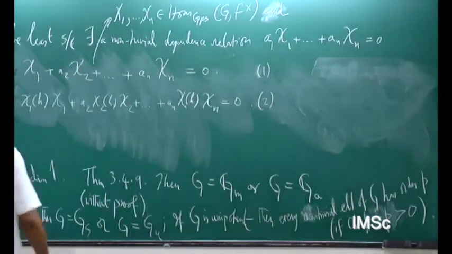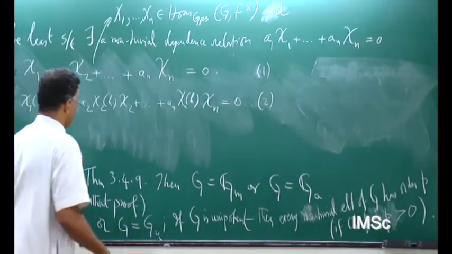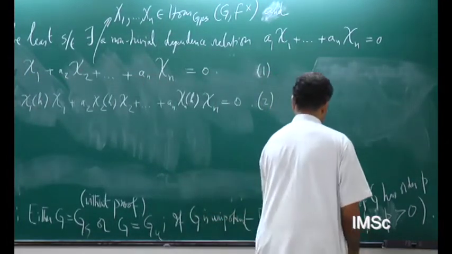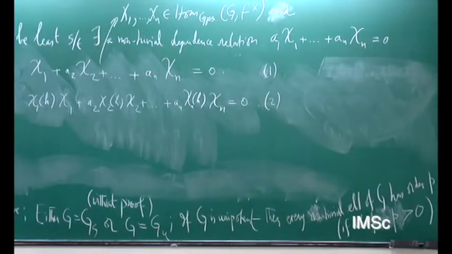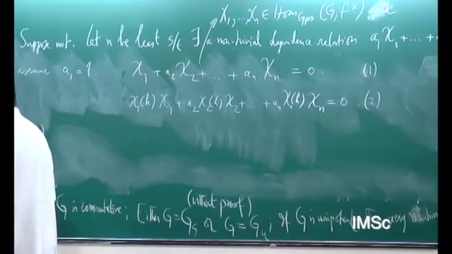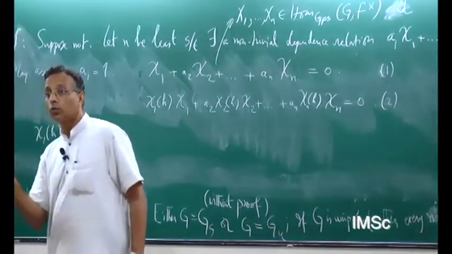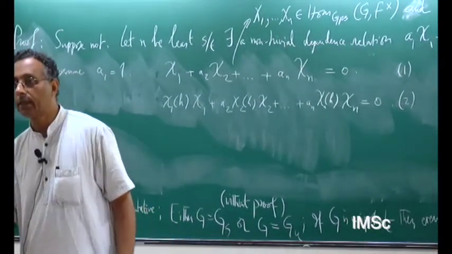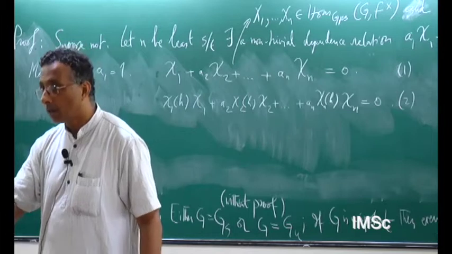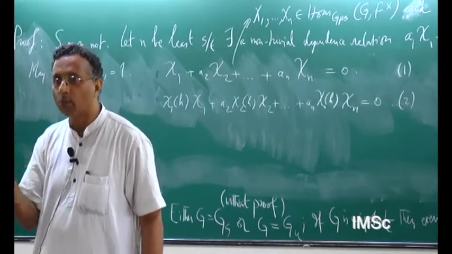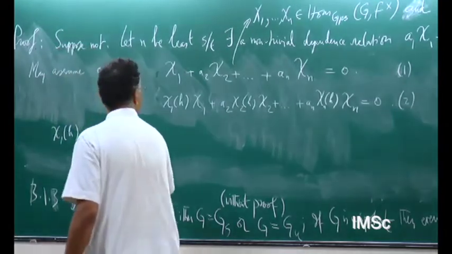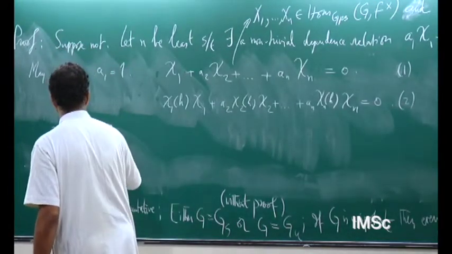Now what I'm doing is chi1h. Right now this is true for all h. I'm keeping h; at the moment I will not specialize h.